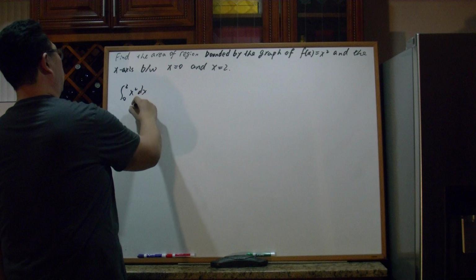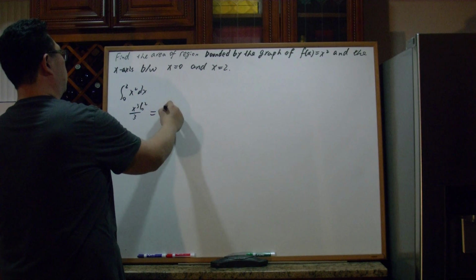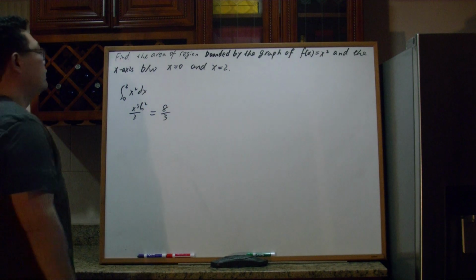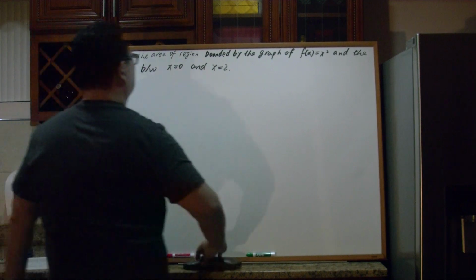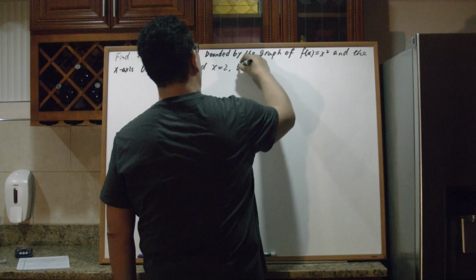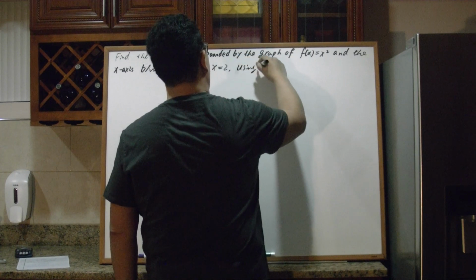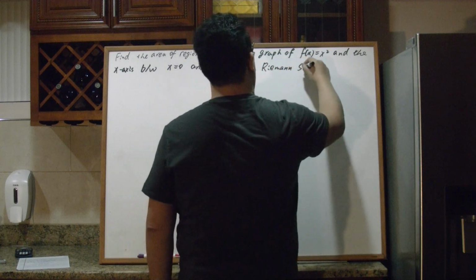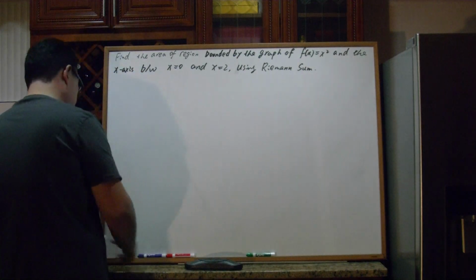squared, that is x to the third over 3 from 0 to 2, that is 8 over 3, supposedly. But we need to use the Riemann sum.